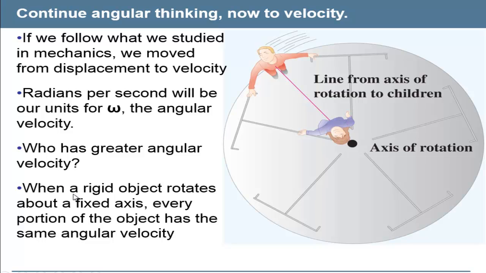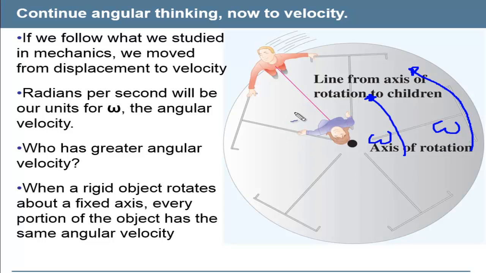The takeaway from that is when a rigid object rotates about a fixed axis, every portion of the object has the same exact angular velocity. Everywhere on there has the same angular velocity. If we have a point rotating like this, then it has some angular velocity omega, and another point out here might rotate around like this, a longer distance, but the angle is exactly the same, so it has the same angular velocity omega there.